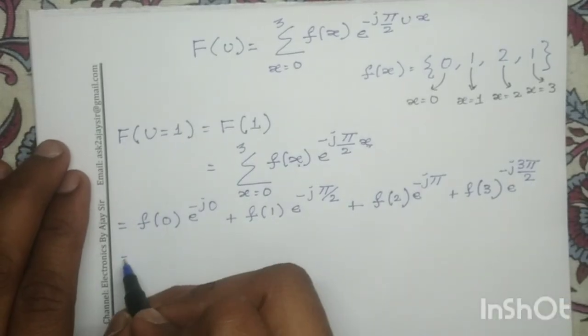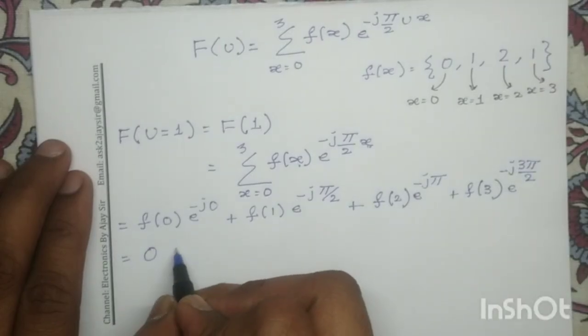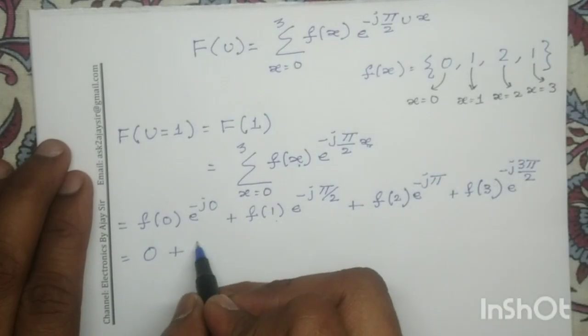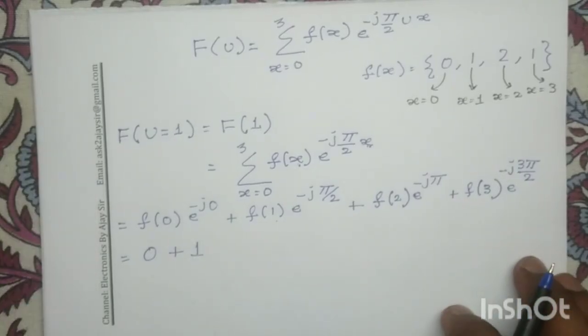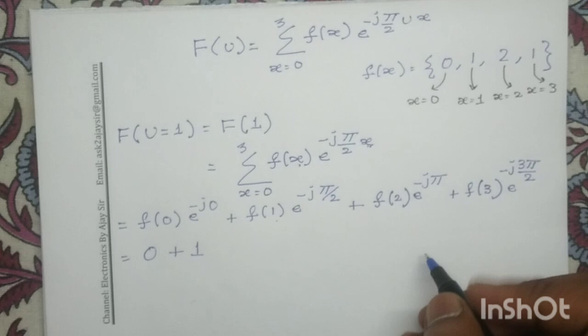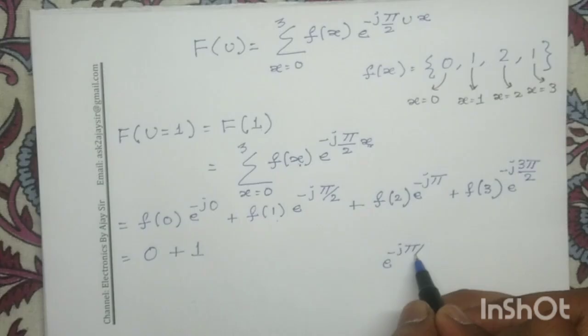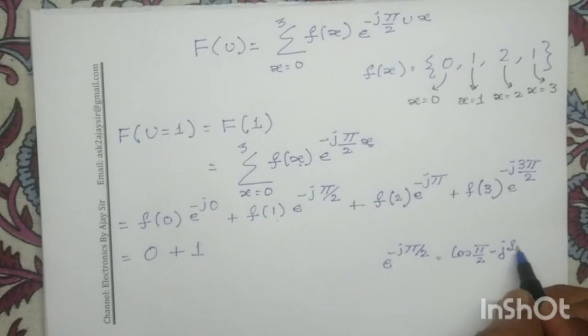Now, f of 0, that is f at x equals 0, is 0. F of 1, that is f at x equals 1, is 1. We have to compute the value e to the power minus j pi by 2. So we will use the similar Euler equation. e to the power minus j pi by 2 is equal to cos pi by 2 minus j sin pi by 2.